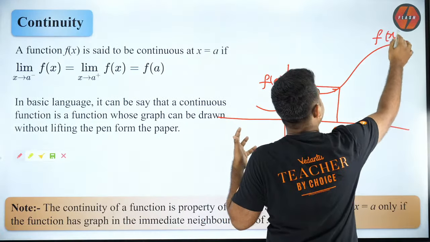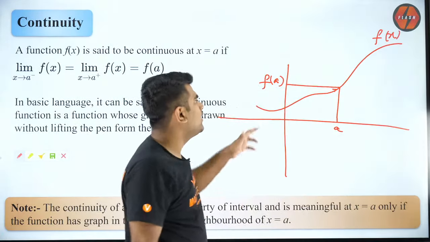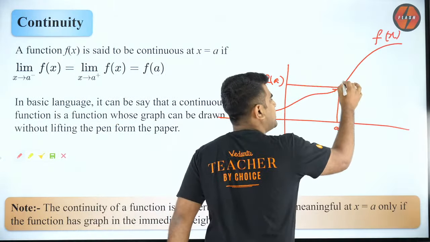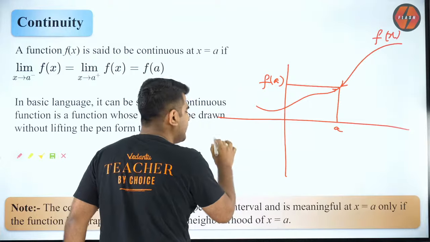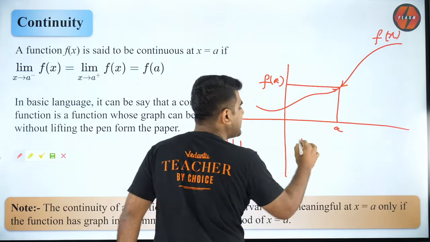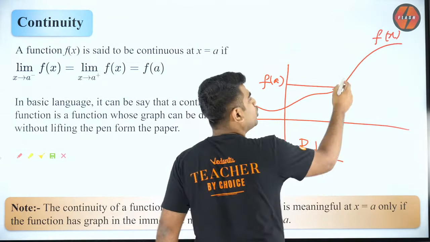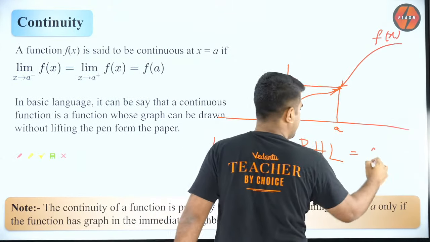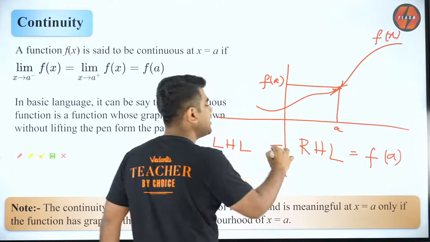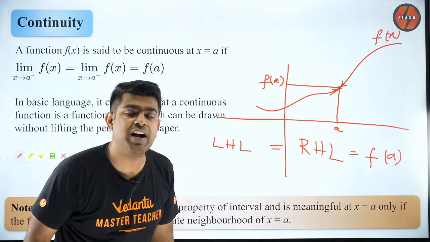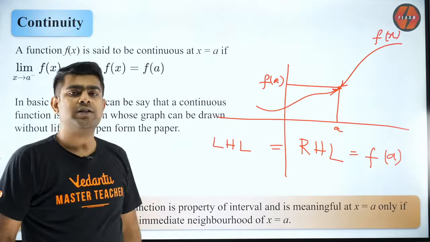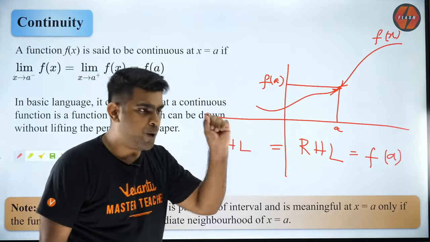So what continuity says is, my left hand limit and my right hand limit, both of them should approach the same value. Only then it is said to be a continuous function at that point A. This is how continuity is defined for a point.